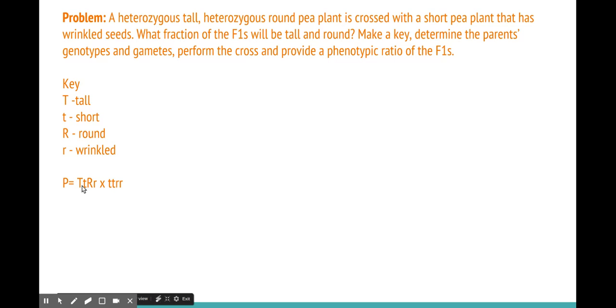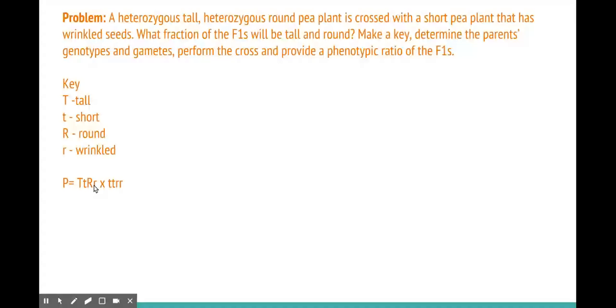We see what are the possible combinations that a pea plant could have in regard to genotype for the height as well as for the texture of the seed. This particular pea plant could produce a gamete that has a big T in it and a big R. This parent plant could produce a gamete that has a big T and a little r.